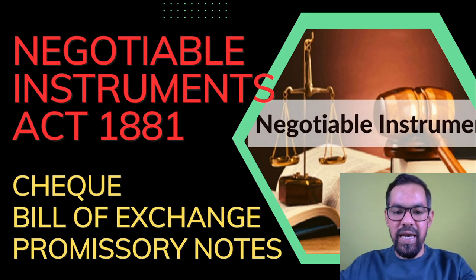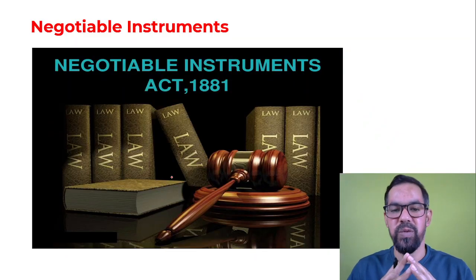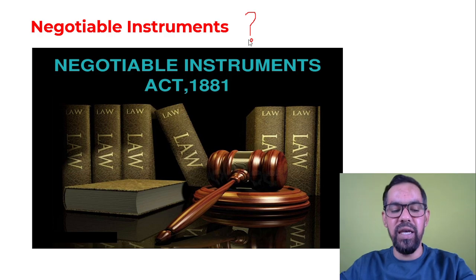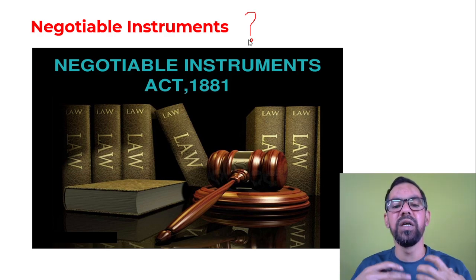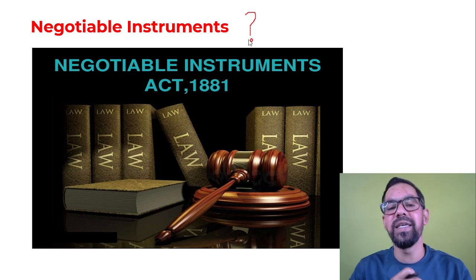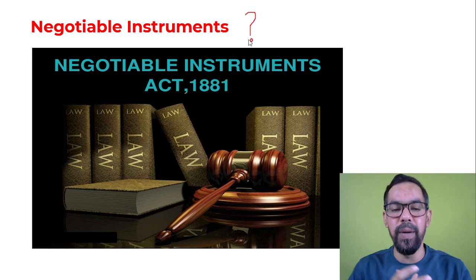Okay guys, we will start with the negotiable instrument. So the first question is, what is a negotiable instrument? As the name states, it is negotiable in nature, which can be negotiated. Let's say you have to make some payment to another party.